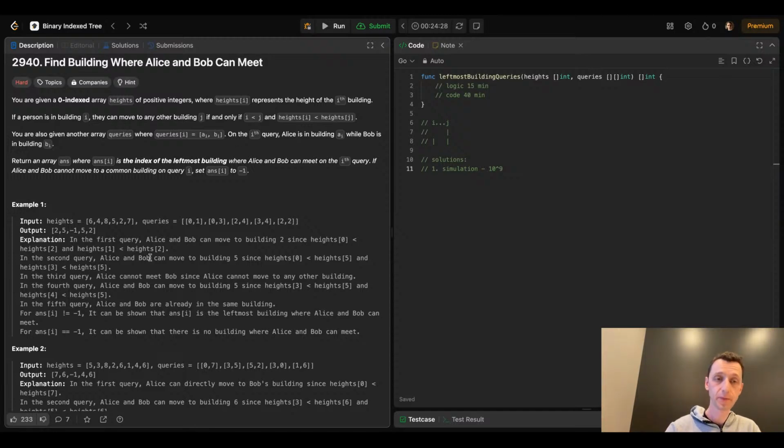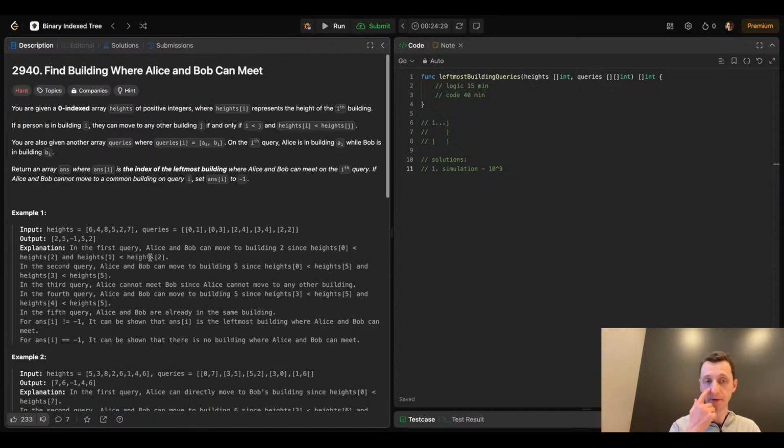What else? What else? There is a billion, up to a billion. These values, by the way, are positive integers, so they're all from 0. How does that help?